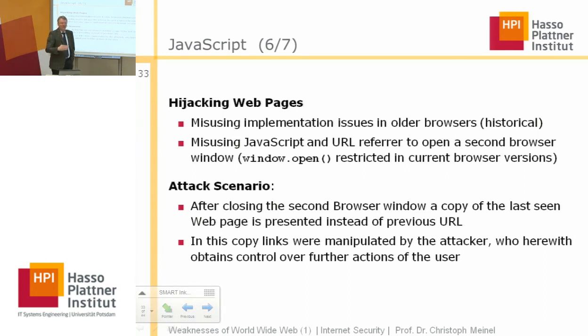In this copy that's shown instead of the original, links were manipulated by the attacker, who herewith obtains control over future actions of the user. Because when the user follows these faked links, he gets access to a website with some malicious code.